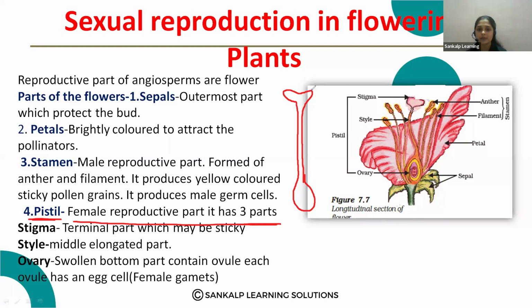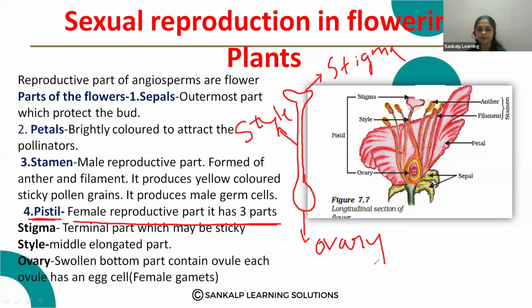This is totally called a pistil, and this pistil has the stigma. This is the stigma, and this elongated structure is called the style. And at the bottom, the bulge structure, this one, is called the ovary. Okay.